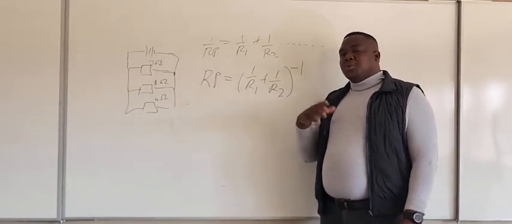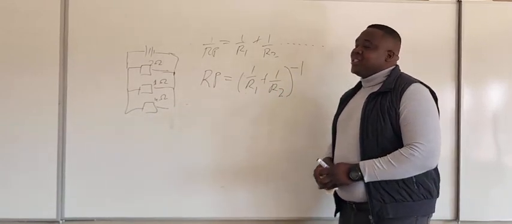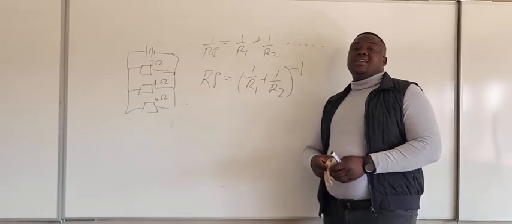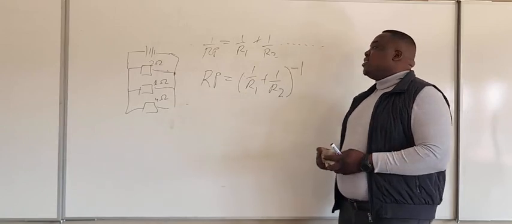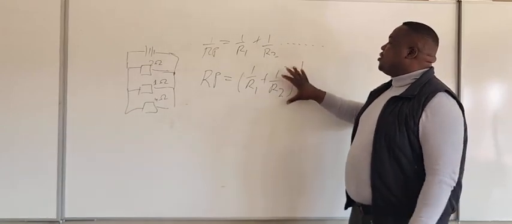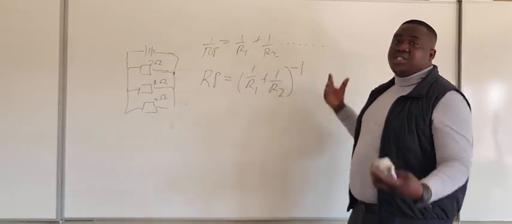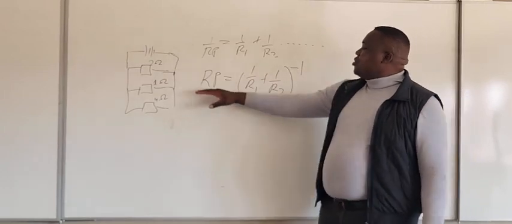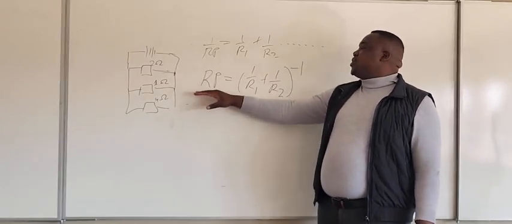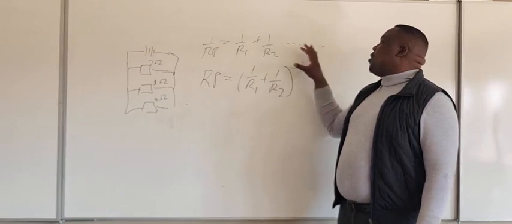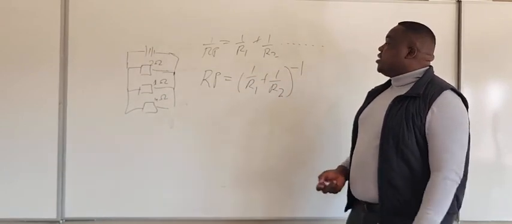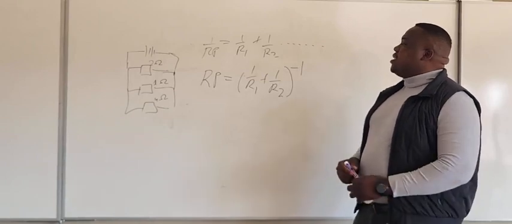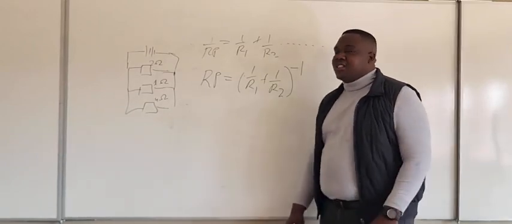You do not need to know what it is at your level. As you grow and you learn, you go to different levels, you're going to come across this, which is very interesting. So you calculate RP straightforward. RP is equal to 1 over R1 plus 1 over R2, to the power negative 1. This has simplified everything. Let us see if this can give us the correct answer.